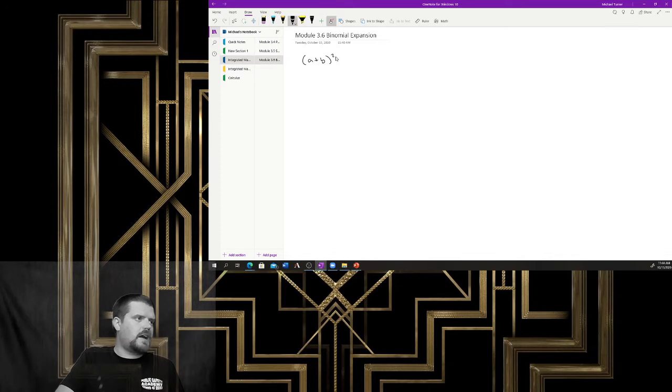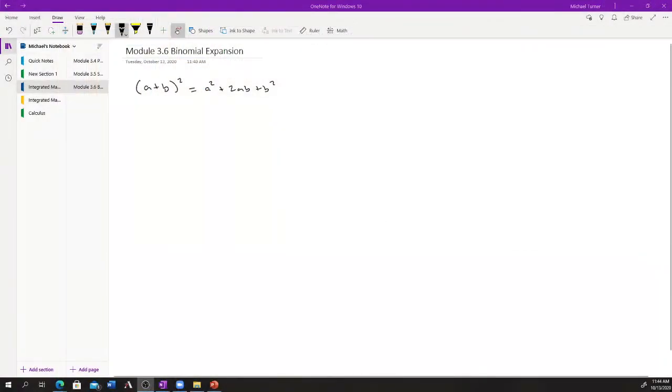If we look back at our perfect square trinomials, (a plus b) squared, recall that that was a squared plus 2ab plus b squared. And the idea behind that is that rather than having to do FOIL, in this case for a quadratic, it's giving us a shortcut so it's a little bit easier.